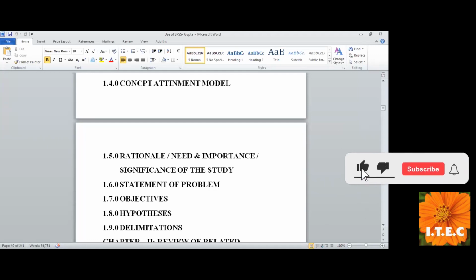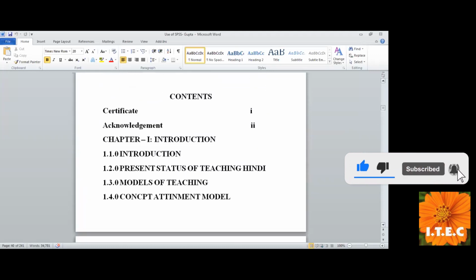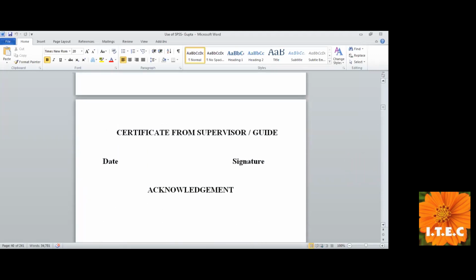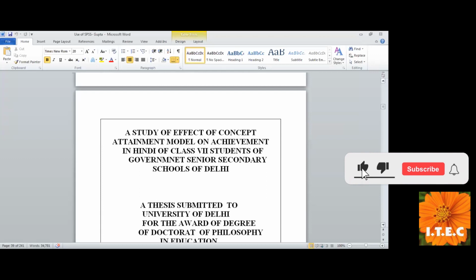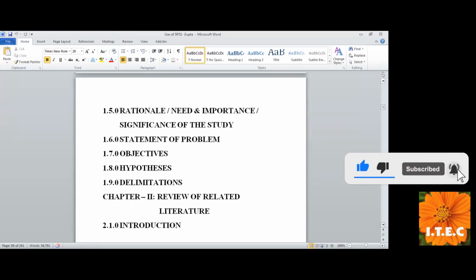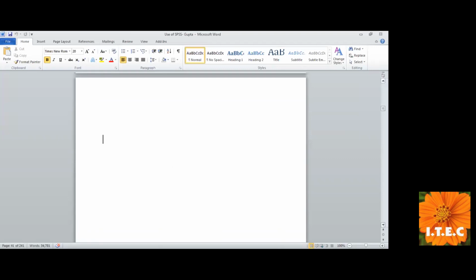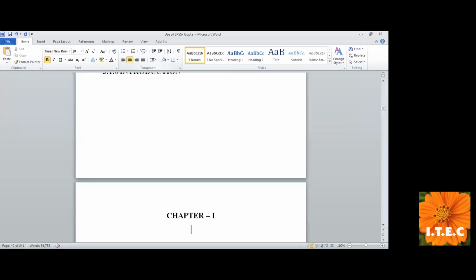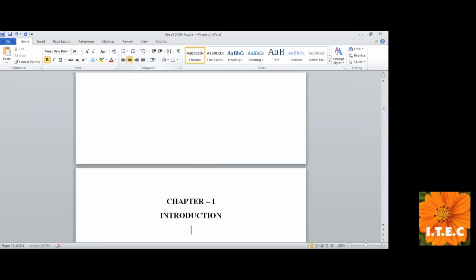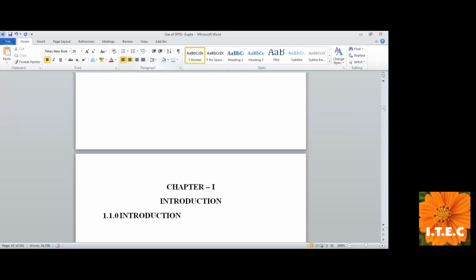So let me give you more details of chapter number 1. You should understand this. The topic of this particular research was a study of the effect of concept attainment model on achievement in Hindi. Now this will be your chapter number 1, and below this, you should write introduction, 1.1.0 Introduction.